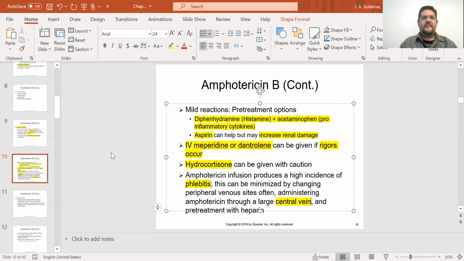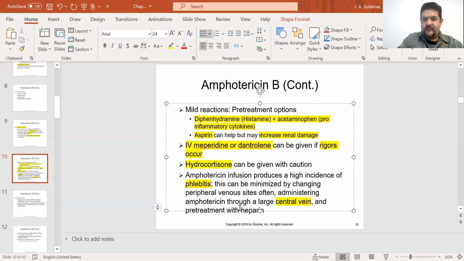That means we're not gonna use the veins from the wrist or the arm. We need to provide a central line by the neck going into the main veins, the big veins. That way we don't burst that vein with the medication.